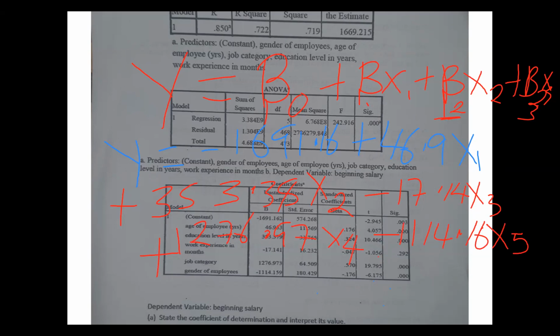Then plus the stochastic variable. Just put this letter, it's more like E, but it's not really E. It's the Greek letter epsilon. What does this symbol mean?